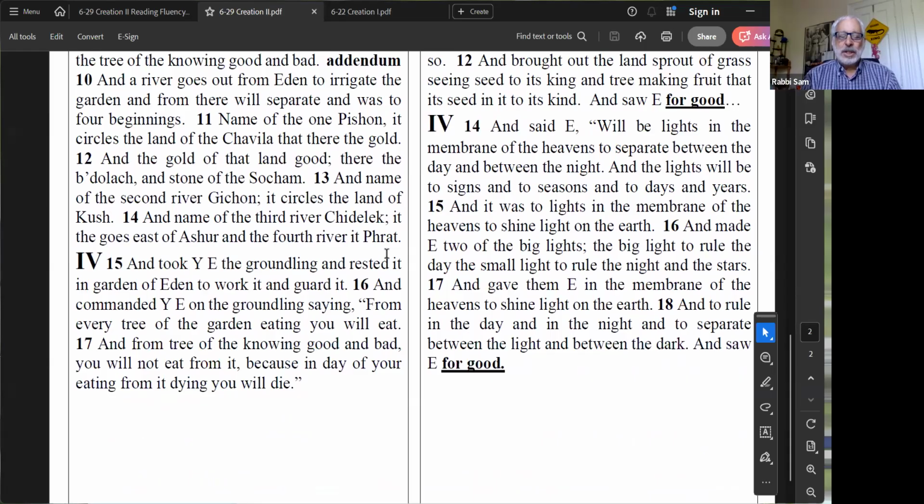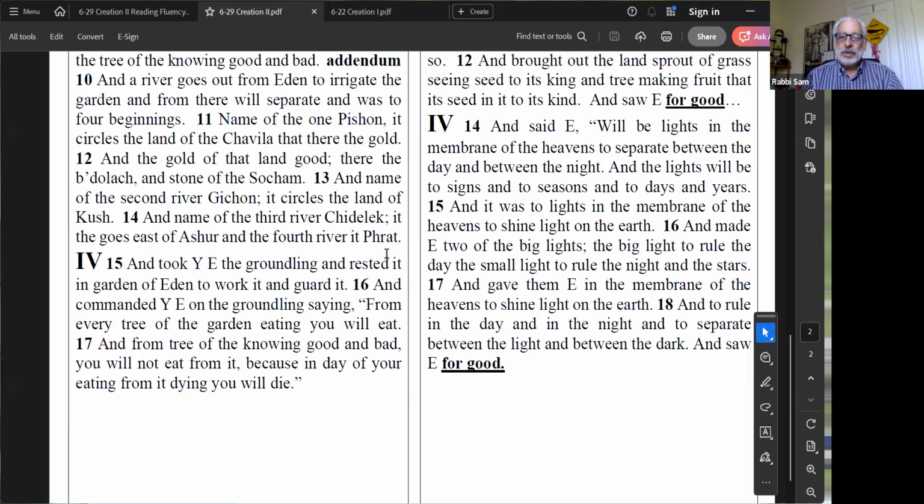Notice, by the way, there was another tree planted that was also special. That was the Eitz Chaim, the tree of life. And nothing is said about eating from the tree of life. We're not told that it was a nourishing tree, a tree that was good to eat, that was good to look at.